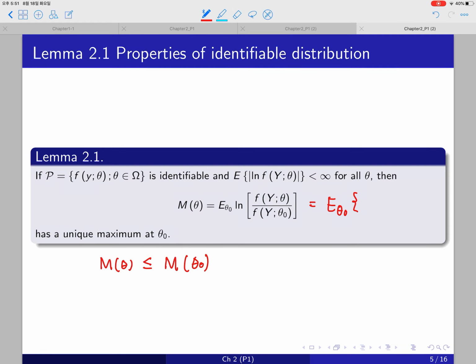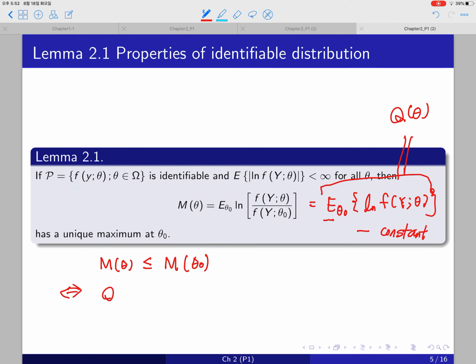Since y is a random variable, we take the integral, and minus something that's a constant and doesn't depend on zeta. Then we define this as Q(zeta), and so Q(zeta_0) is the reference value.